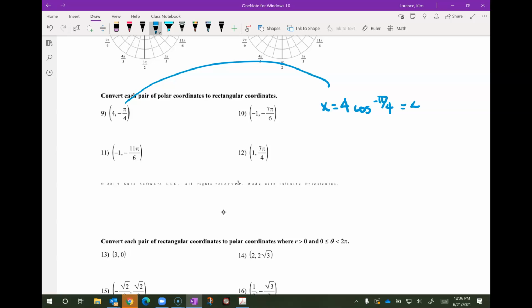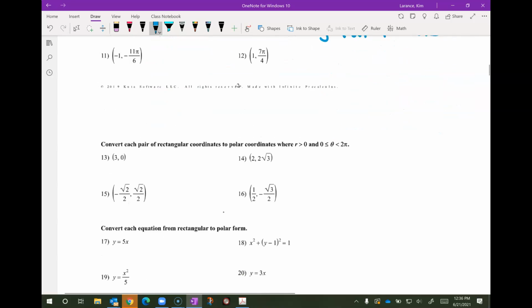So this is 4 times root 2 over 2, which would give us 2 root 2. And then y is 4 times the sine of negative pi fourths. That's in the 4th quadrant. Sine is negative, still root 2 over 2. So this is going to be negative 2 root 2. So that answer would be 2 root 2 comma negative 2 root 2.